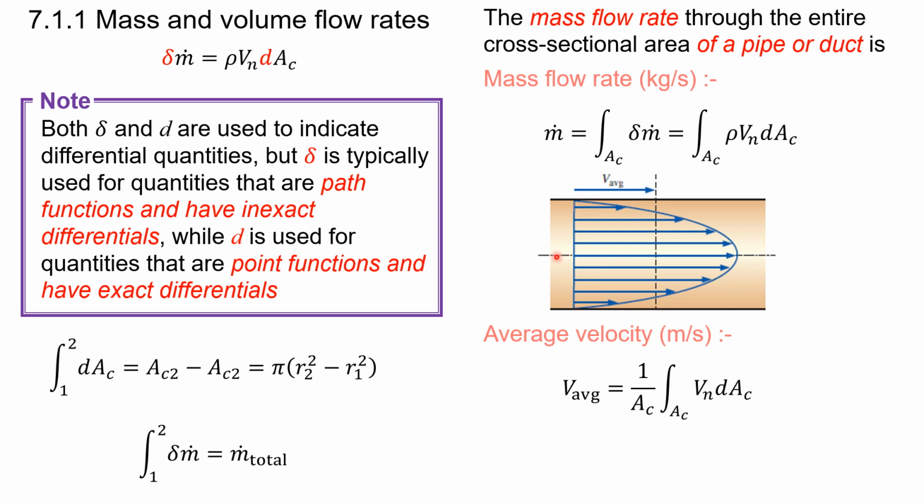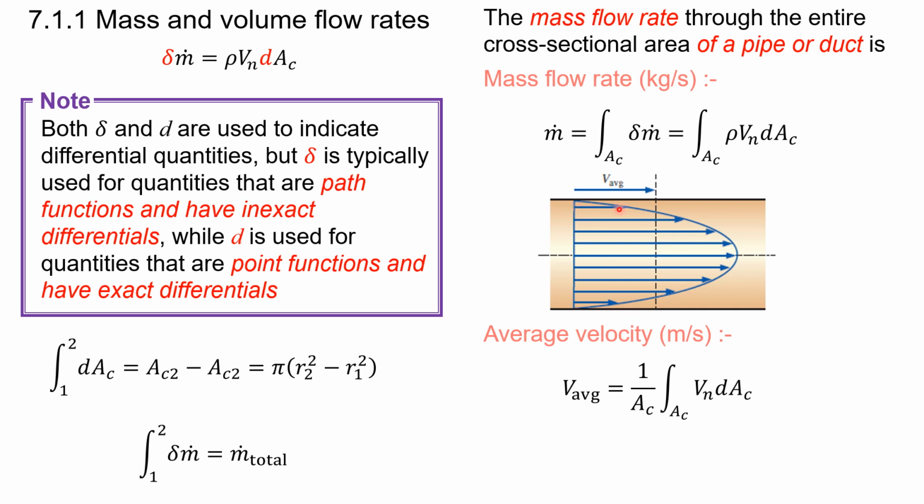So it will cause a no slip condition. But at the middle part, we have lesser friction or almost no friction, so the fluid can move at a better velocity. In order for you to do analysis, we cannot investigate separately. We need to take the average of all these points.